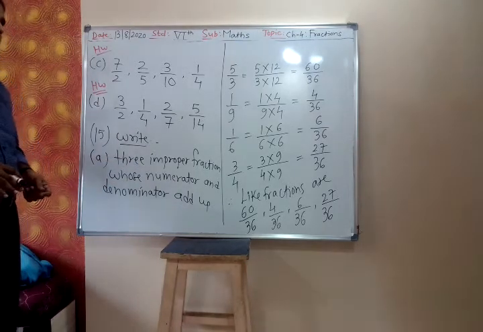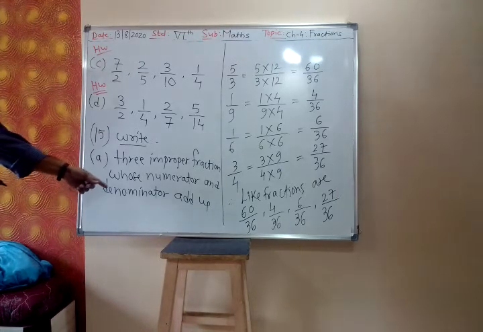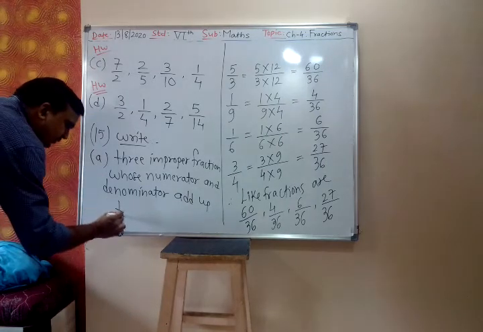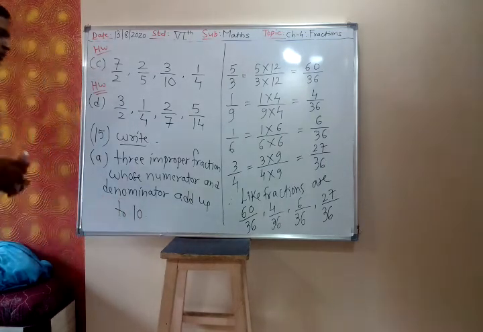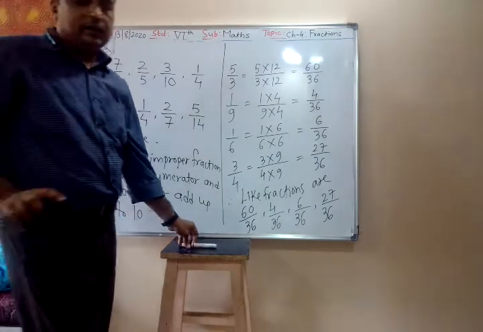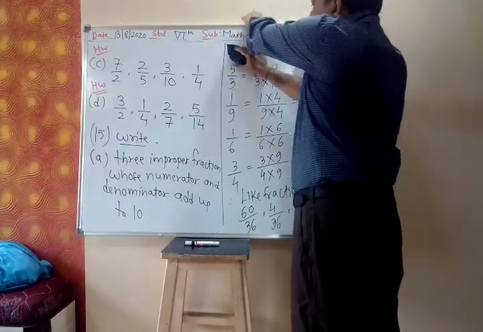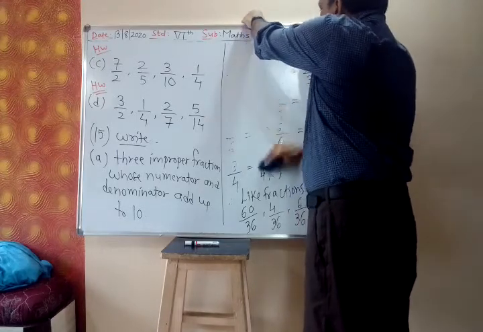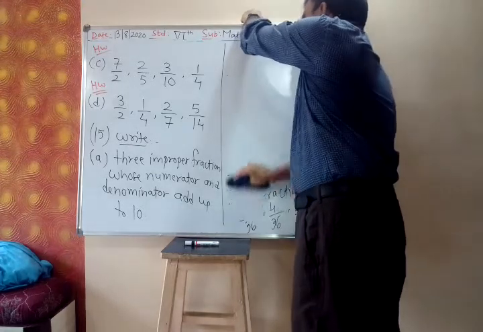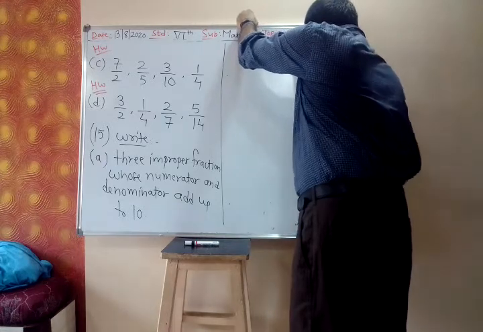3 improper fractions whose numerator and denominator add up to 10. You have to add numerator and denominator, and that total should give you 10.